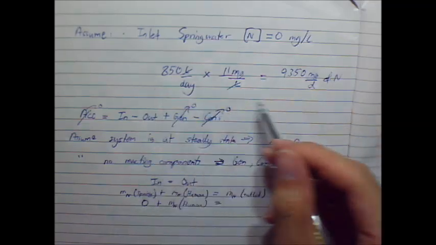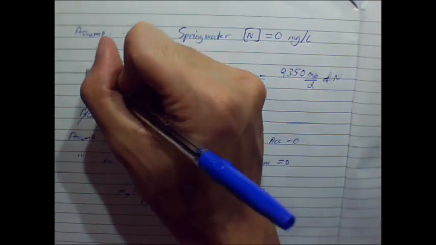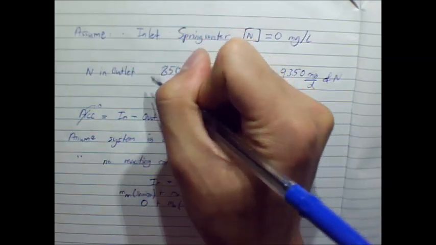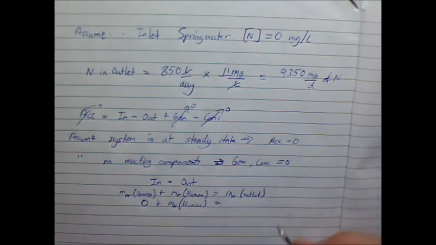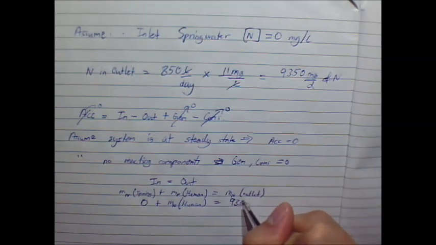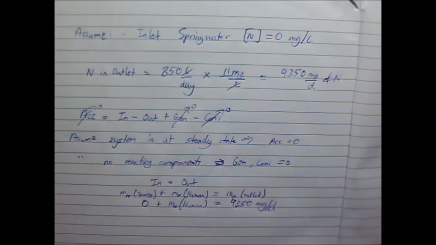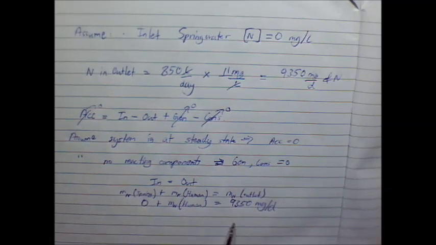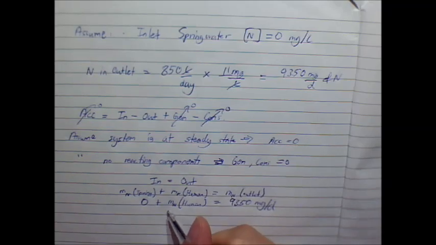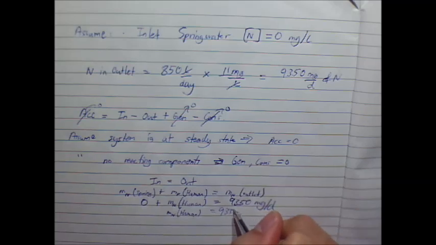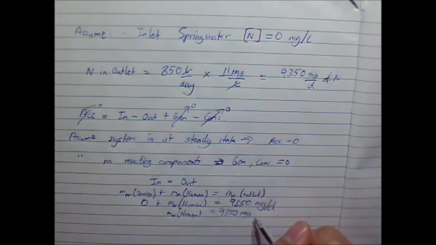This is the amount of nitrogen in our outlet, and this one was 9,350 milligrams per day. We can rearrange for this, and it's a very easy rearrangement in this case, and all this tells us is the amount of human input of nitrogen is going to be 9,350 milligrams per day. And that's all it is.